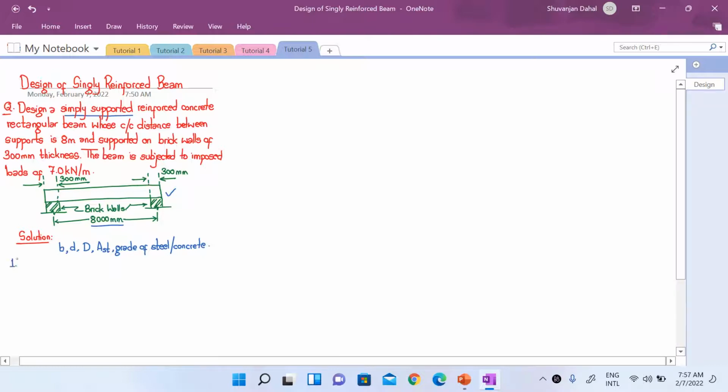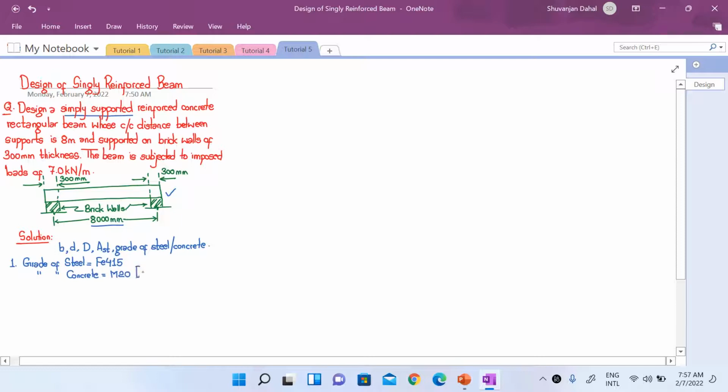So let us first begin with assuming the grade of steel and the grade of concrete. We will assume the grade of steel to be used in this reinforced beam will be Fe 415 and the grade of concrete to be used is M20 concrete.